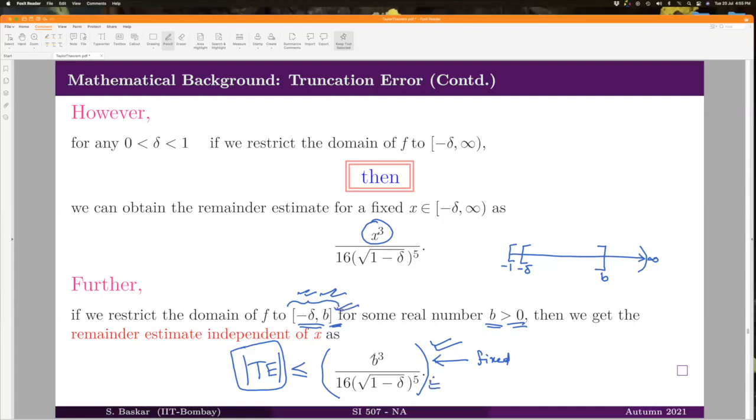Then your truncation error can be at most this value. We still don't know exactly what it will be, but we can say that it can have at most this value. That is what we get from this analysis, and this is finally called the estimate for the truncation error.